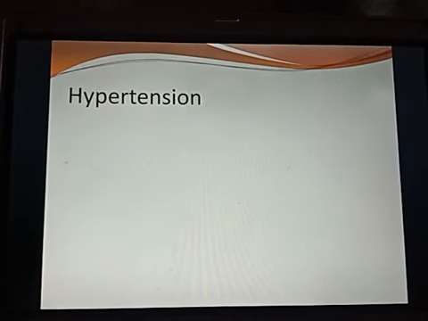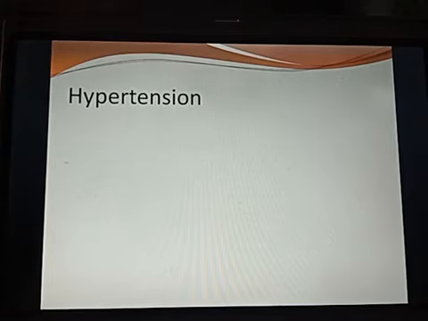Now the last topic of the day that we will see is hypertension. Hypertension is basically high blood pressure. When the blood starts to flow at a very high pressure in the blood vessels, that is termed hypertension. Sometimes it is a kind of disease, and if the pressure increases too much, the walls of the capillaries can rupture.